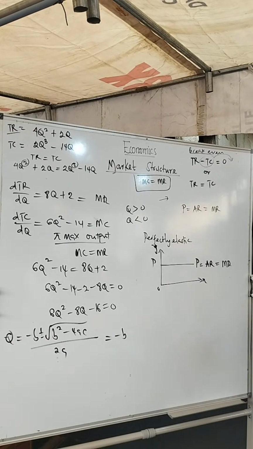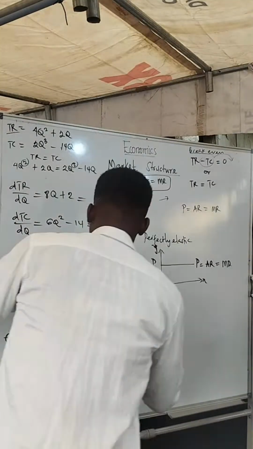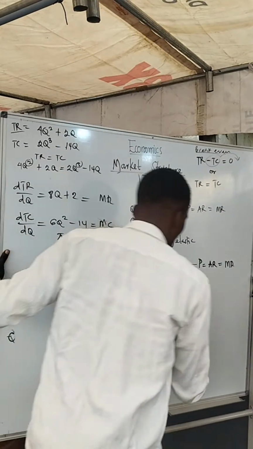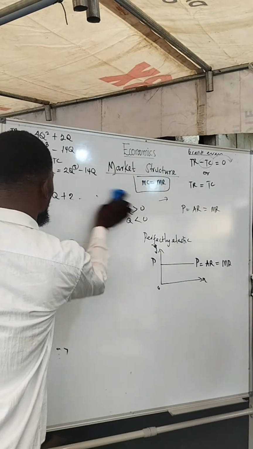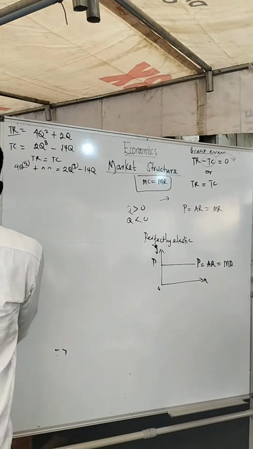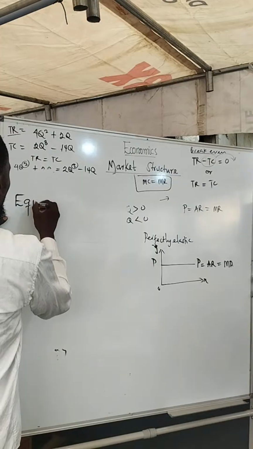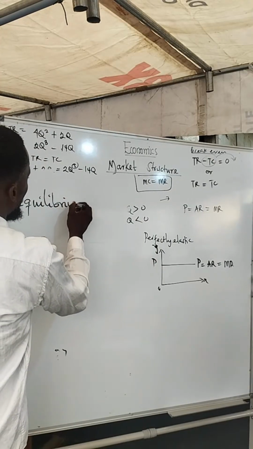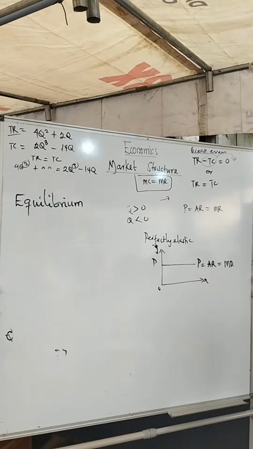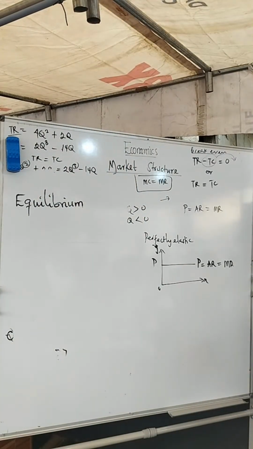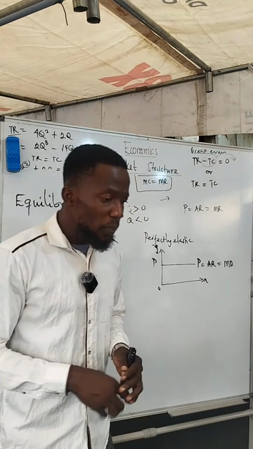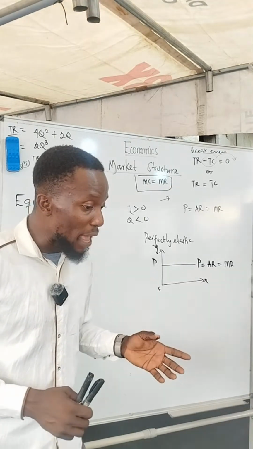Long run equilibrium. So, if a firm makes losses, the firm exits the market.